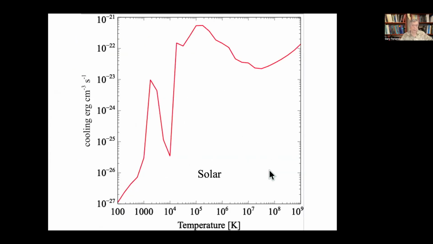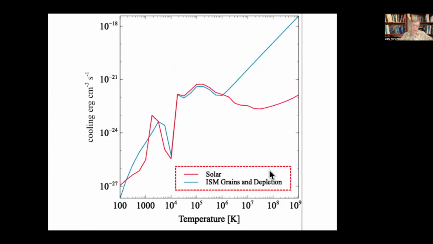This was the cooling function for pure solar abundances. I ran that first script and plotted it up, and we find the cooling function is very similar and very, very different. At low temperatures, the cooling can be different by an order of magnitude. These ticks are one order of magnitude. So here, about 500 Kelvin, the cooling is about an order of magnitude higher.